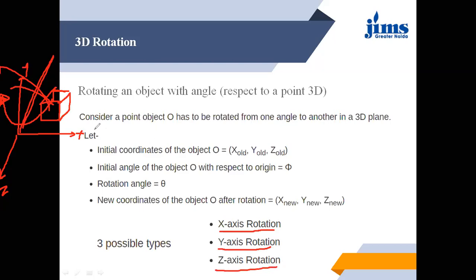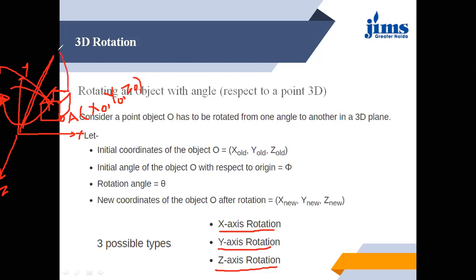Suppose this is a point A of a 3D object. It means it has three coordinates x, y, and z. Suppose the earlier coordinates are x old, y old, and z old. And we are rotating this object with an angle.